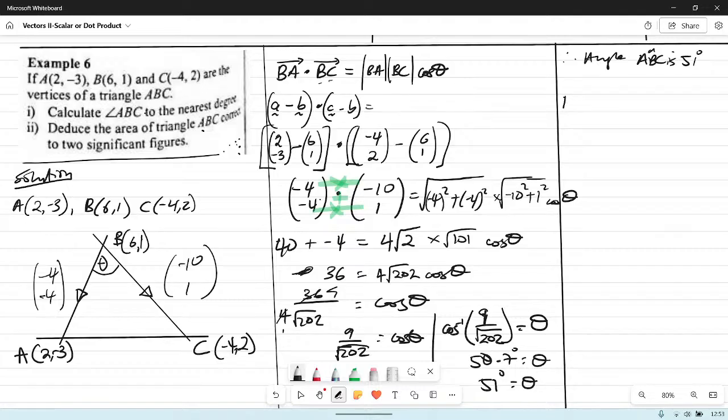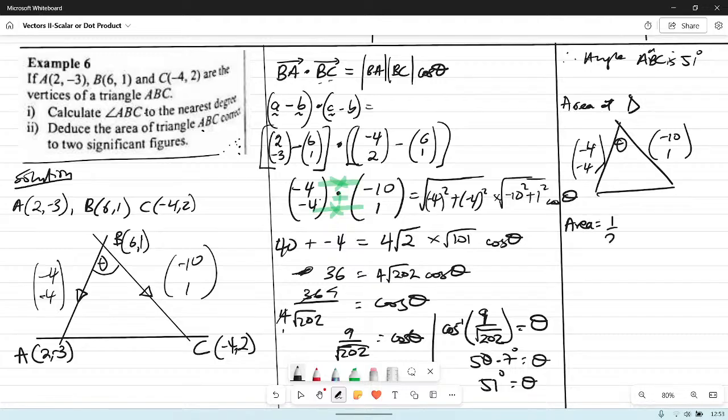So area of triangle is going to be, in this case, this is the diagram. So area equals half AB sine what? Theta.